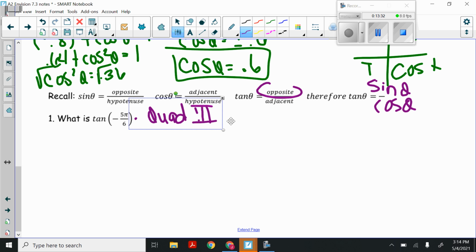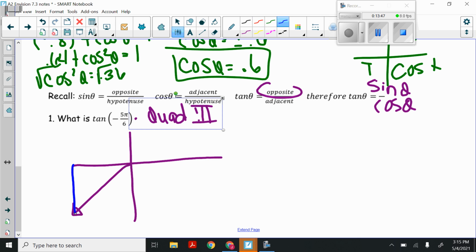Right, so quadrant 3, I'm going to go ahead and draw this. So here is my angle. I want to make my reference triangle, so I'm going to make a triangle. So this is my point x comma y, negative 5 pi over 6.